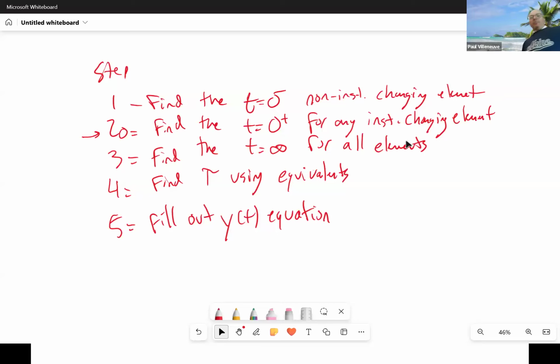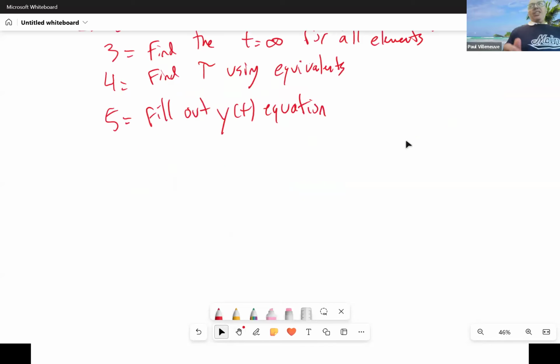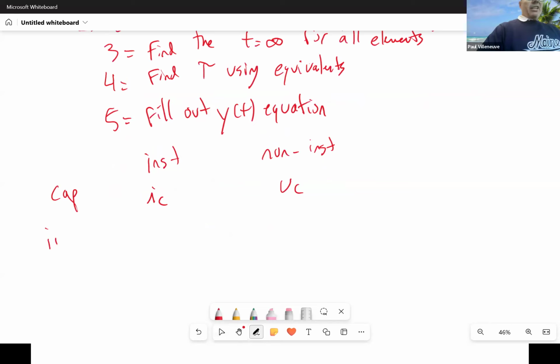The hardest part, right, is what's instantaneous changing, so instantaneous or non-instantaneous. For a capacitor, what changes instantaneously is IC. What doesn't change is VC. For an inductor, what changes instantaneously is VL, and what doesn't change instantaneously is IL.